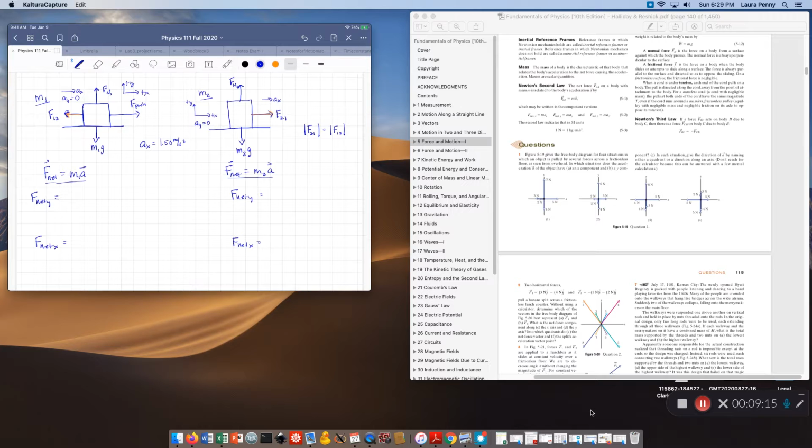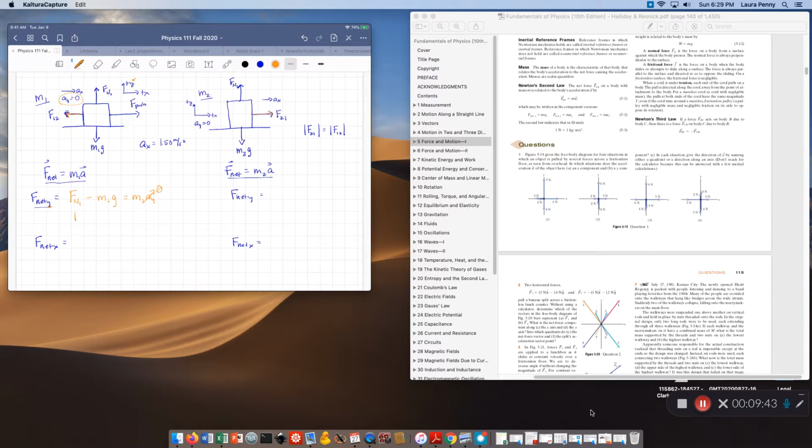So if I look at this picture up here, in the y dimension, I have the normal force 1, and then I subtract off m1g. That has to equal m1 a sub y. This is F net y, but a sub y is 0.